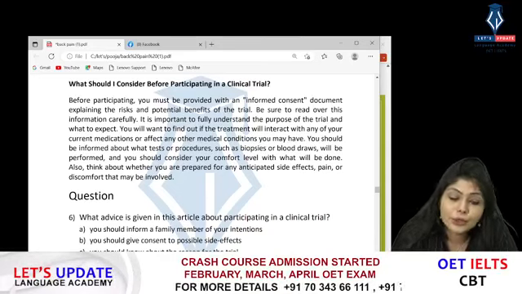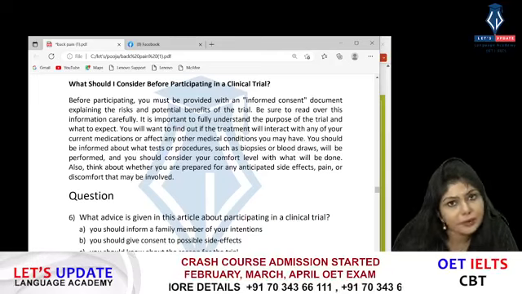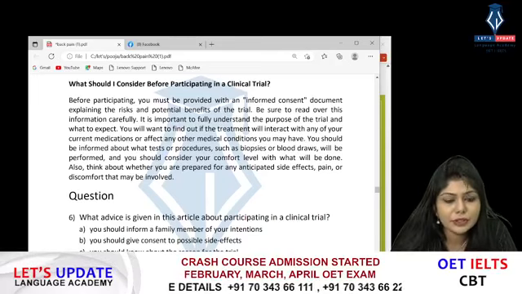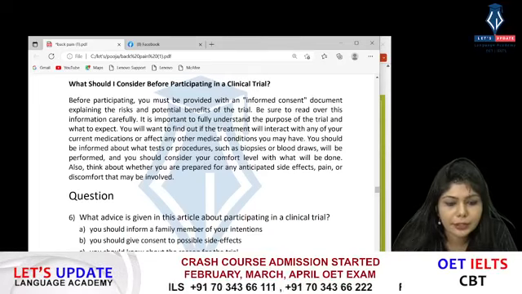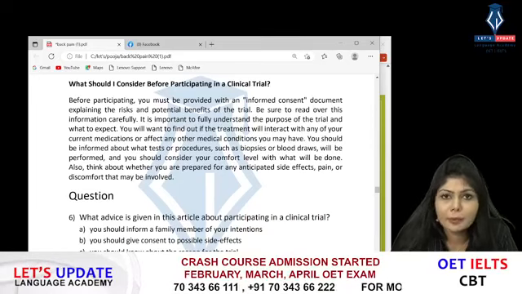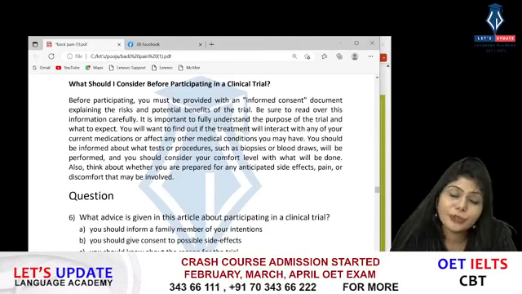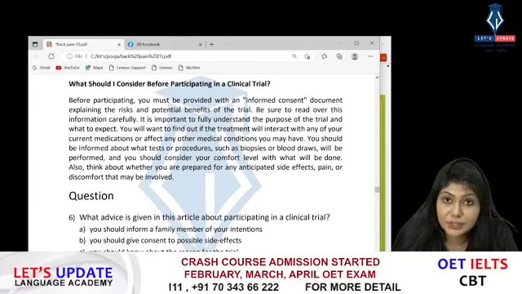They have just mentioned that you need to find out whether there could be possible side effects, or whether it will affect any other medical conditions, or interact with your current medications. That is only mentioned, not consent. So you need to eliminate option B as well, which leaves us with option C.